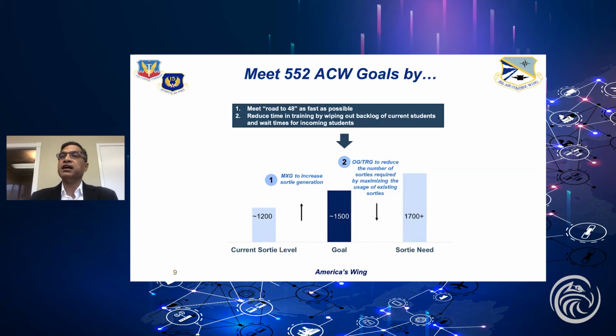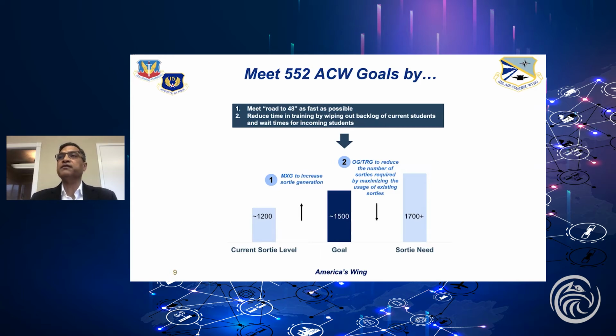So we went after this gap in two ways. One, maintenance will somehow figure out a way to improve its process and get more aircraft available to produce more sorties. And two, ops group and training group will squeeze more out of each sortie to reduce the requirement of the sorties themselves.